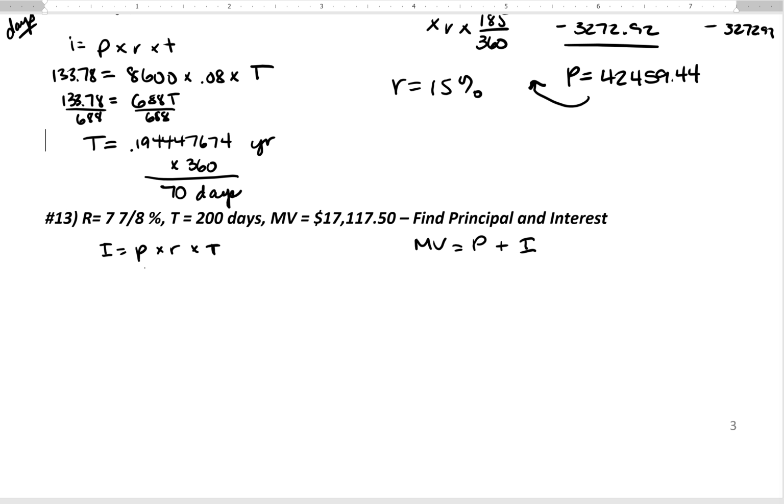I do know maturity value, $17,117.50. I don't know principal and I don't know interest, but I know that interest equals principal times rate times time. So I could substitute principal times rate times time for I in this equation over here, and I can get rid of the interest.